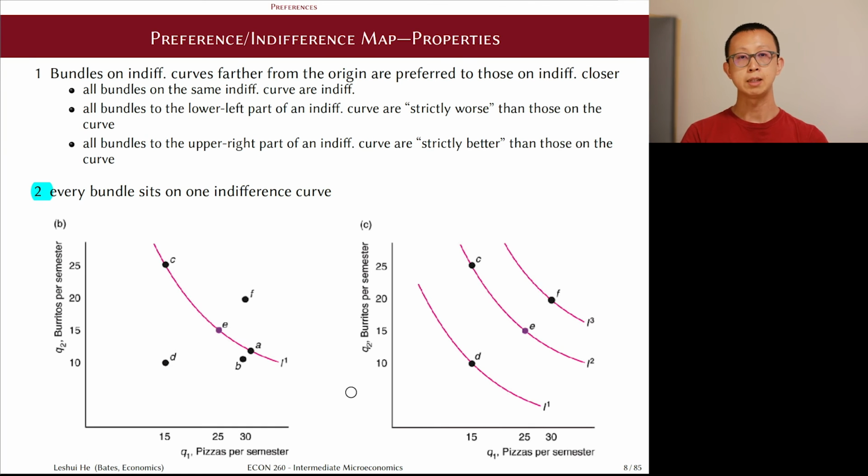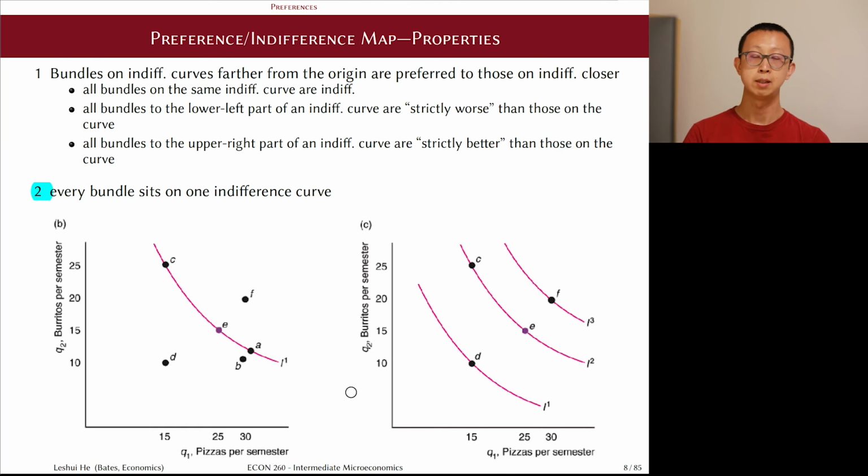The fact that any consumption bundle must belong to an indifference curve is because of the property of completeness. Because the consumer is able to make comparisons between any two combinations of goods, it must be the case that a particular consumption bundle is preferred or less preferred to a different consumption bundle. As a result, it must sit somewhere along some indifference curve.